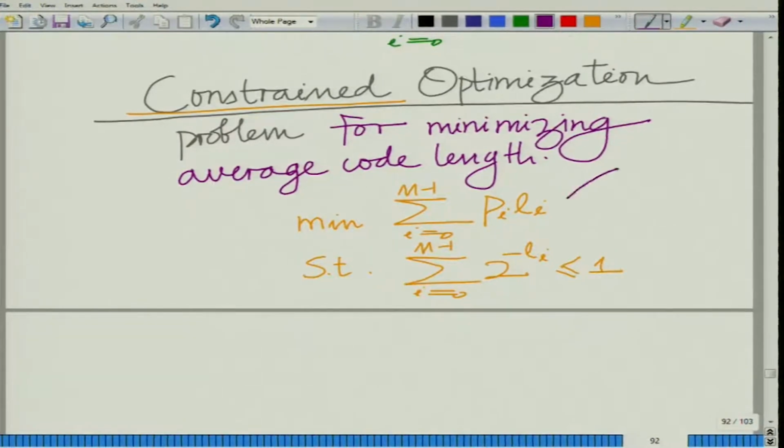This is known as the objective of the optimization problem, and this is known as the constraint.